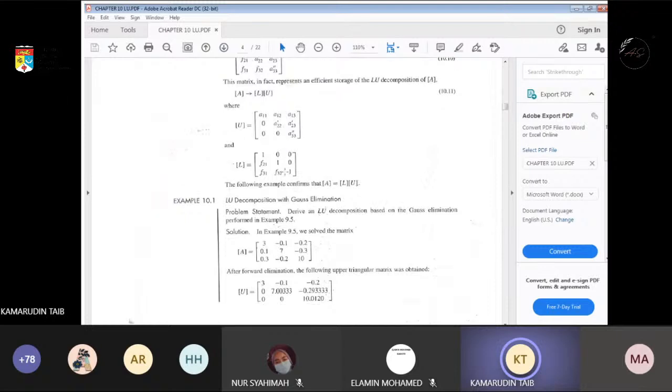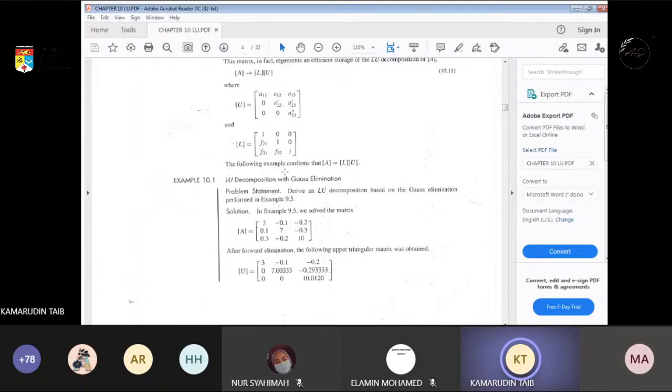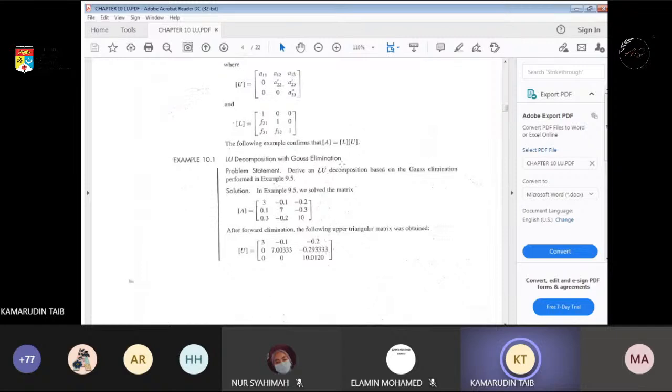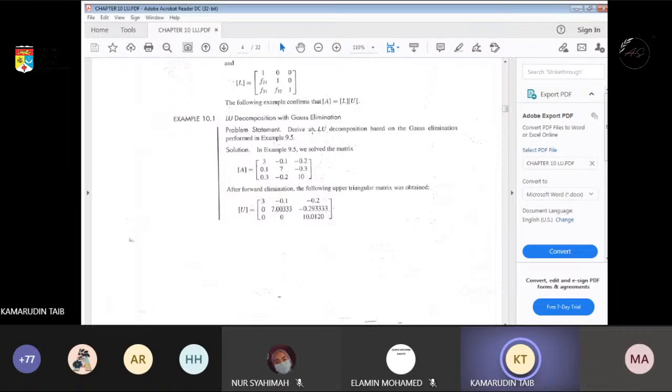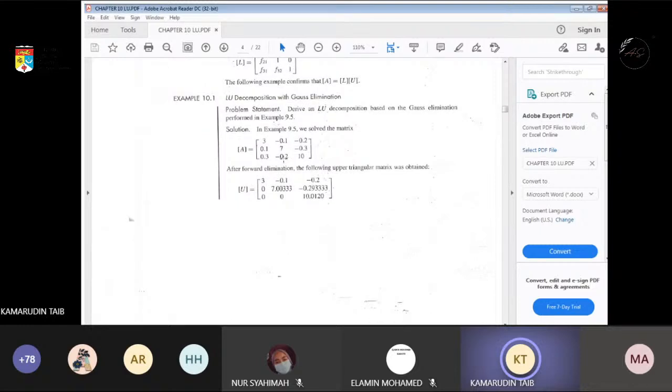Okay, now the following example confirms the decomposition of A into L and U. The question is: derive an LU decomposition based on the Gauss elimination performed in example 9.5 for matrix A. So this is the matrix A. Now we are going to decompose it into L and U. The U matrix is obtained by using forward elimination as we did in the Gauss method.